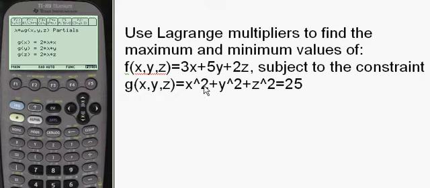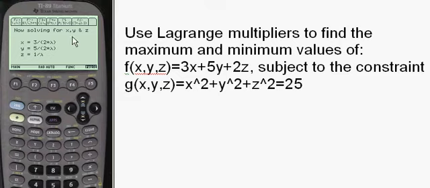Of course, that's 2x lambda, 2y lambda, 2z lambda. And the system of equations, change of f equals lambda change of g, 3, 5, 2, etc. right here. Make sure you write all this down in your paper so that you look like a genius.